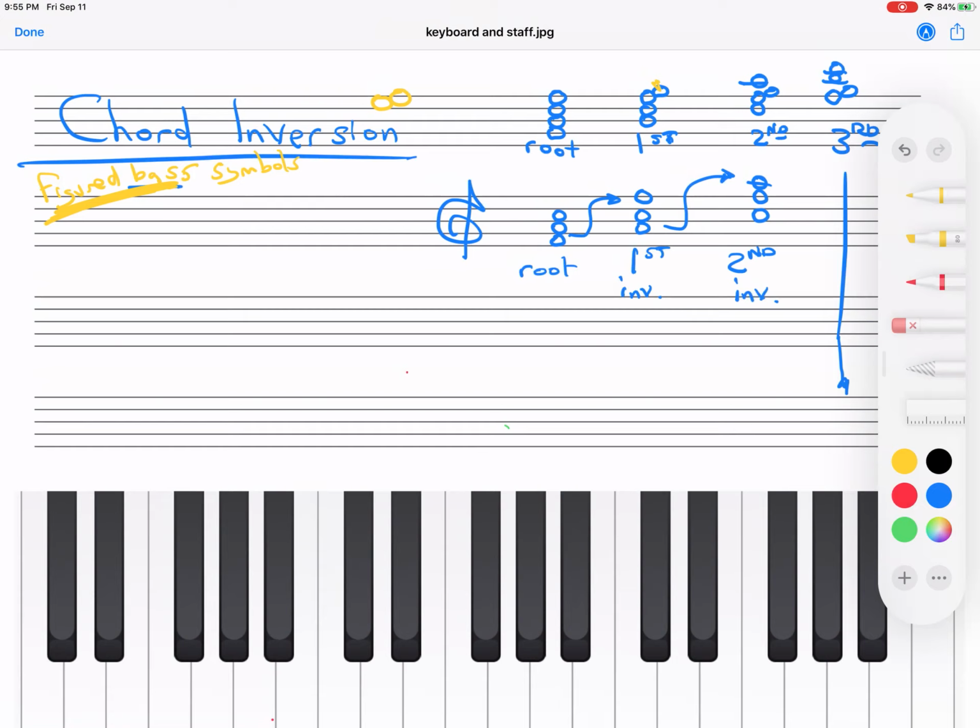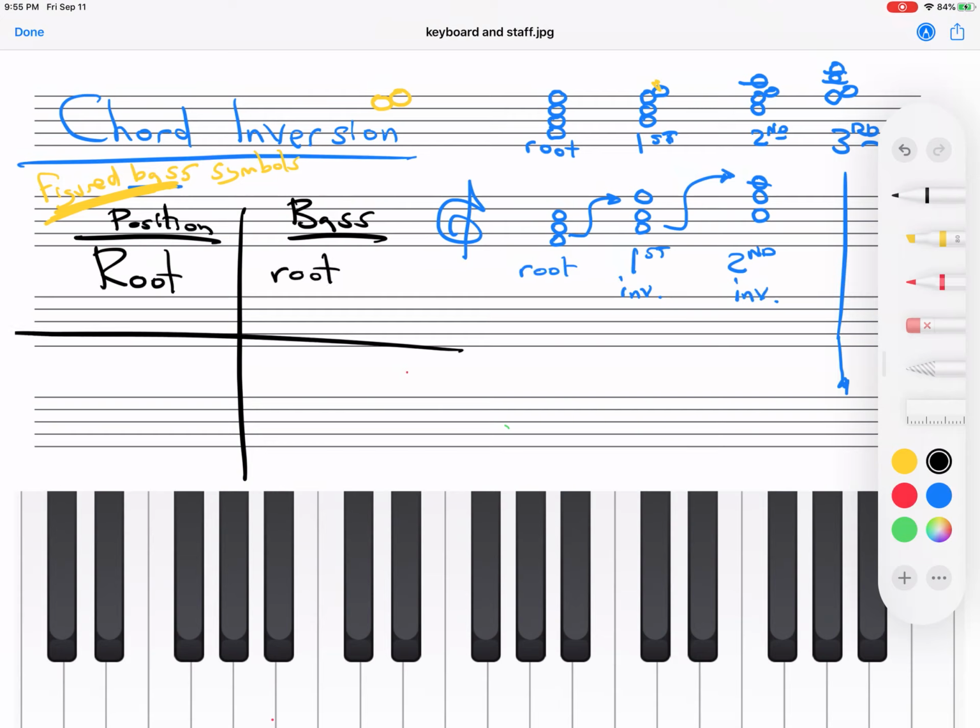I will write it over here on the left. So for a root position chord, okay, so this is the position. The bass, now the bass is always the lowest note. It's not necessarily a bass instrument, but it's the lowest note that's sounding. So the bass has the root.